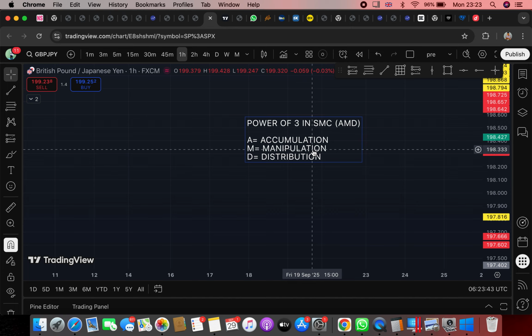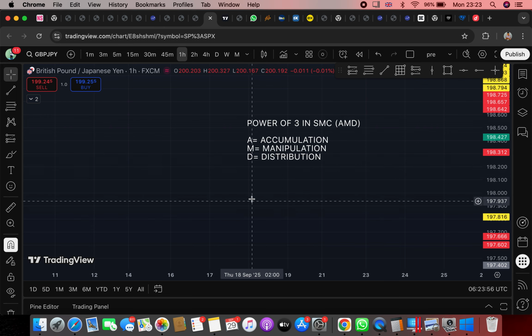These are very crucial structures that you can look out for to scale up your game in trading forex, or any given pair, or commodity, derivative, or oil, and the rest of them.